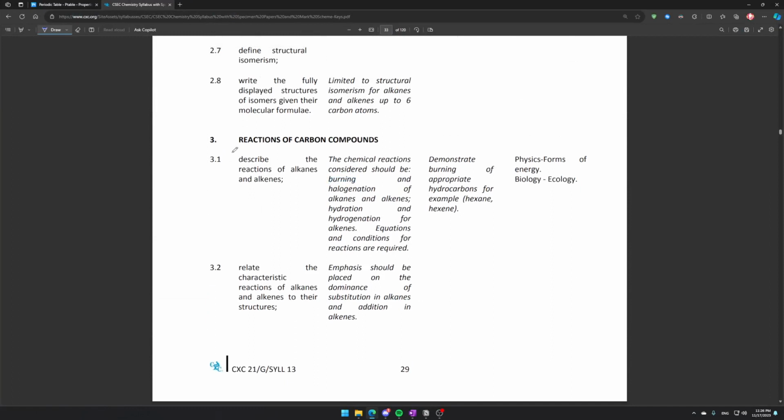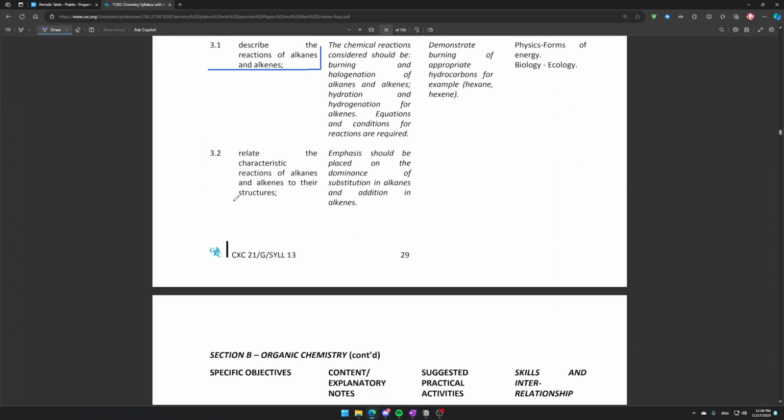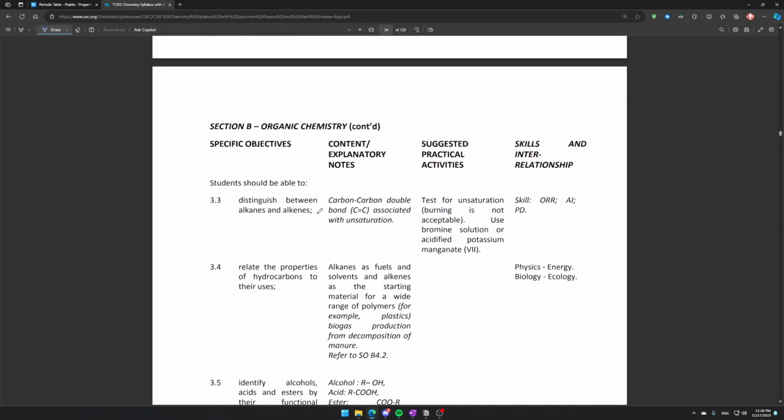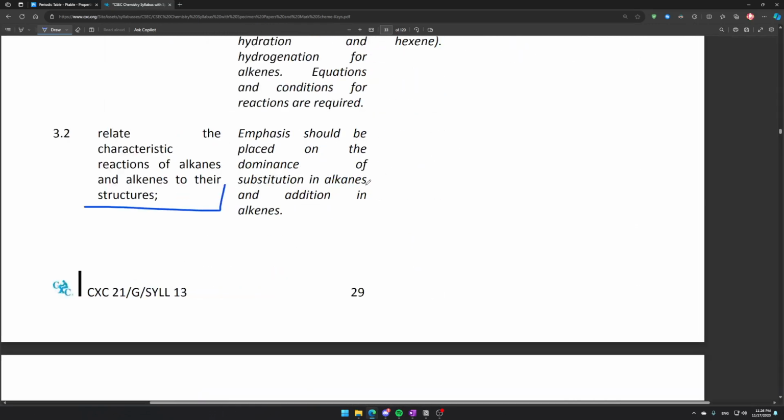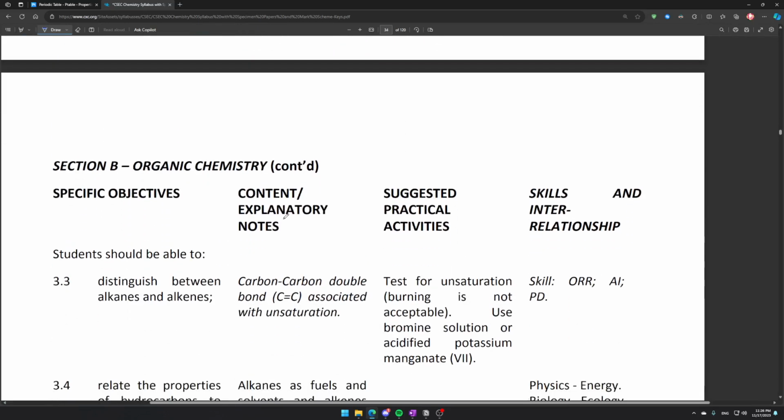So describe the reactions of the alkenes and the alkanes. Went over that. Characteristic reactions of these to their structures. So alkanes will always have substitution, and alkenes usually undergo addition.